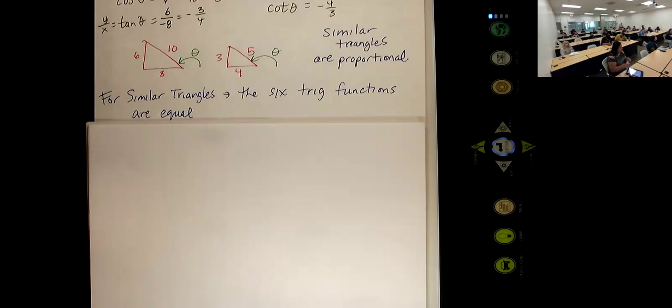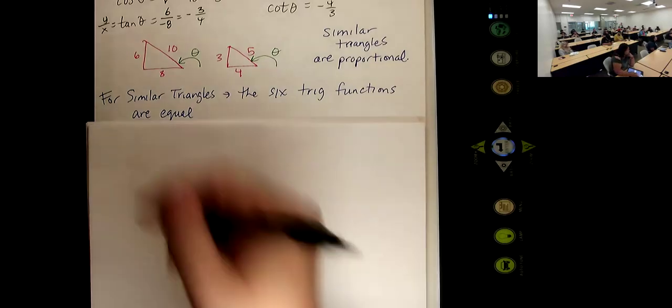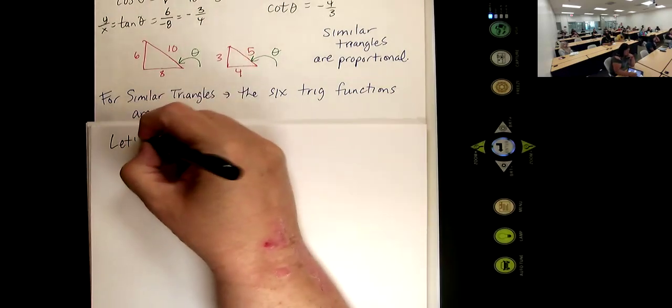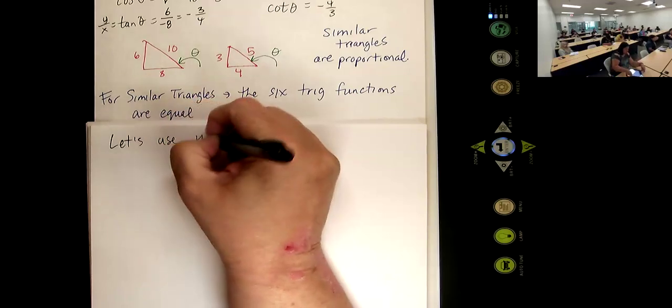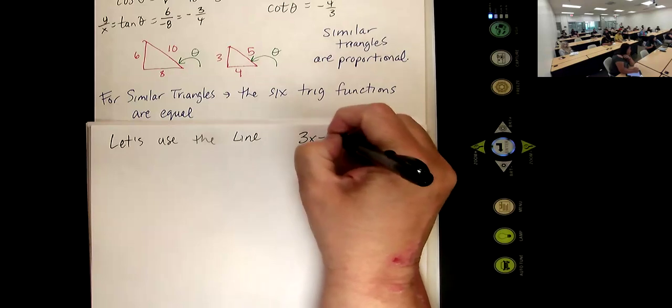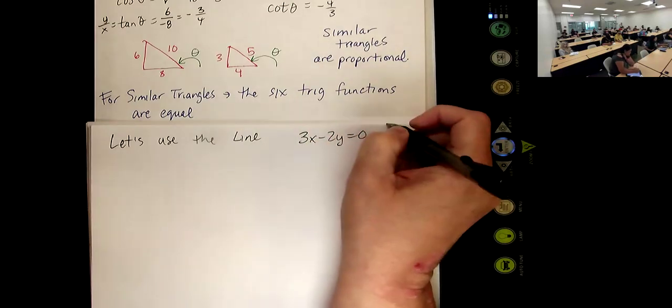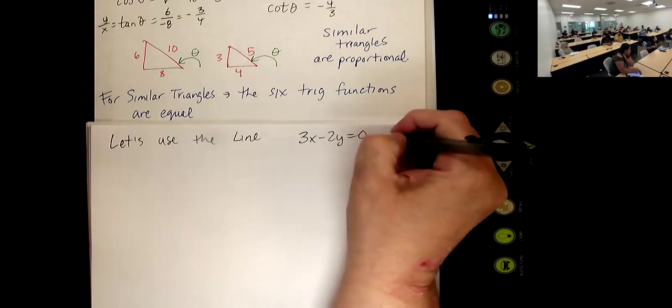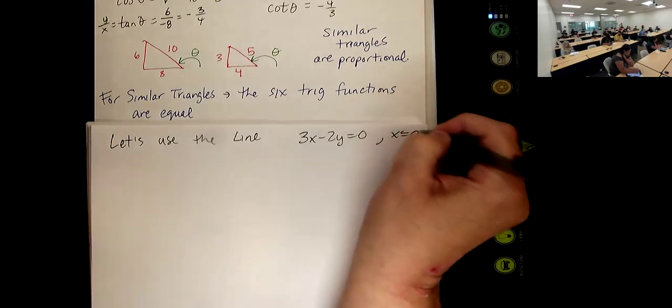So we're gonna have, let's use the line 3x minus 2y equals 0, and we're gonna have x is less than or equal to 0.